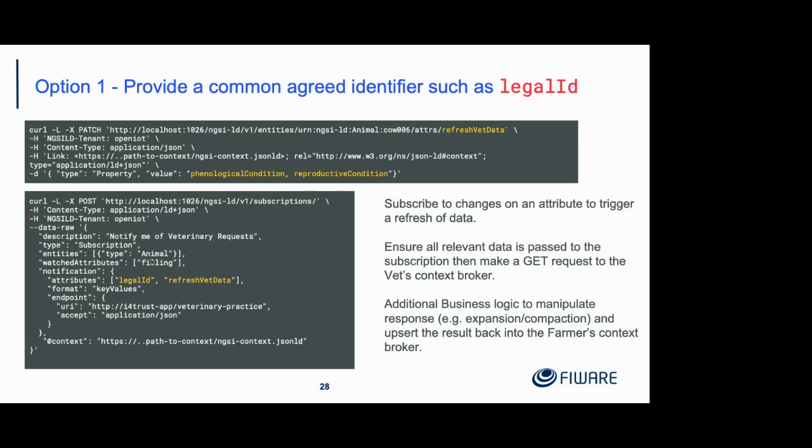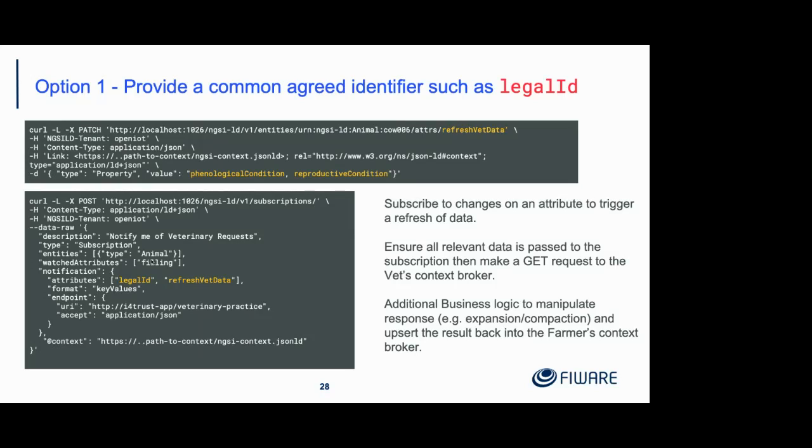If they are also using the animal model, this is very simple because we can then say, okay, this is one of that, this is one of that. It might be more difficult if they've got different attribute names. Well, in that case, my request to the vet would have a different context.